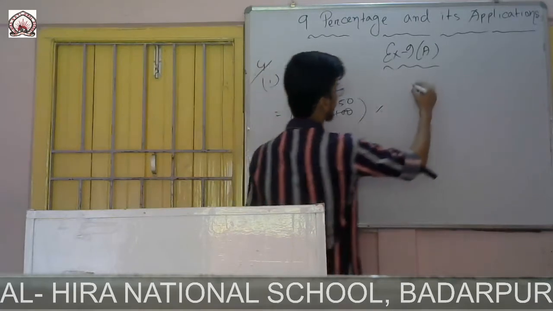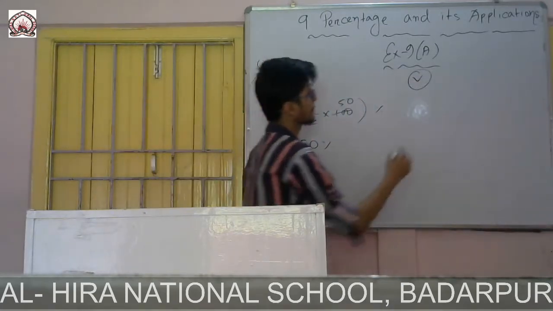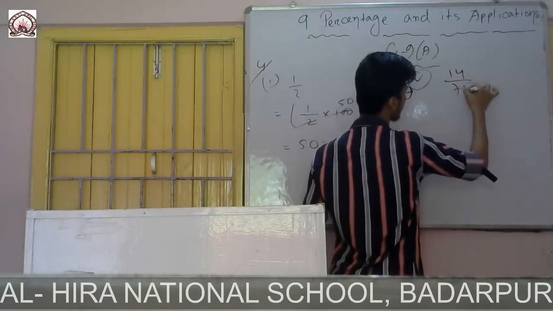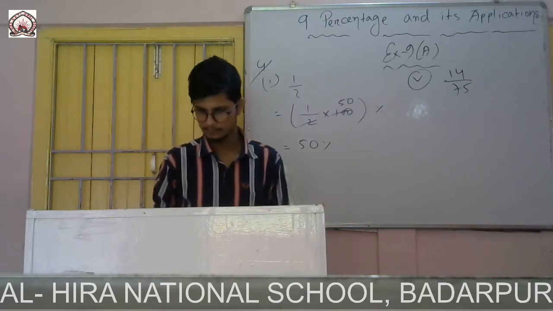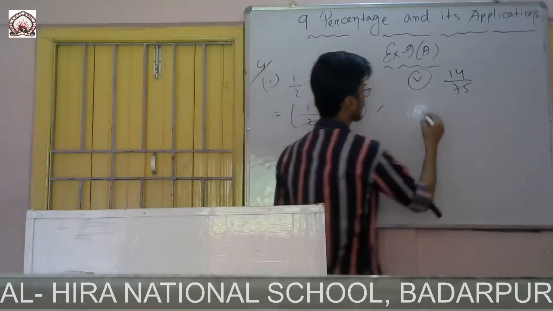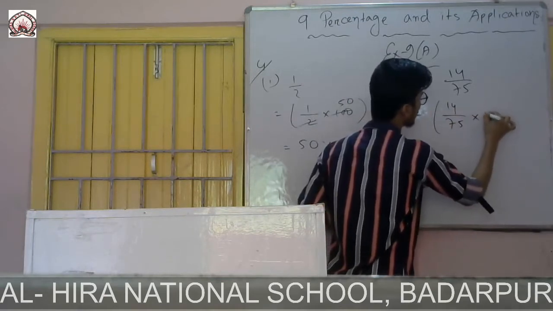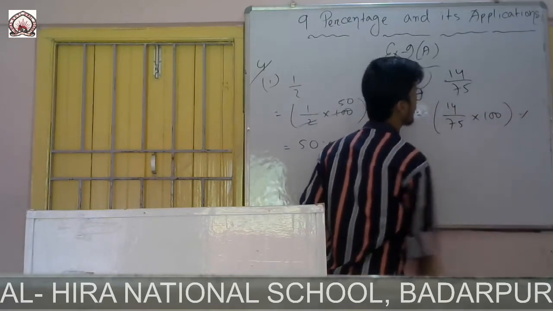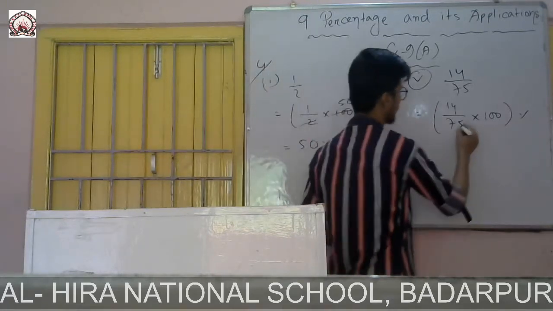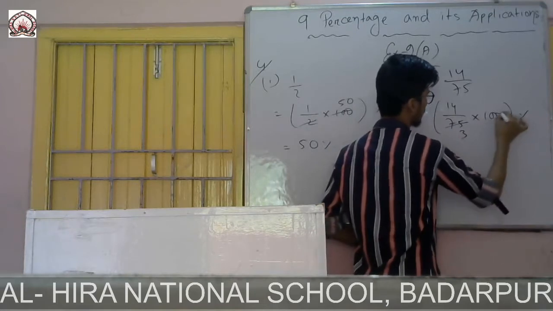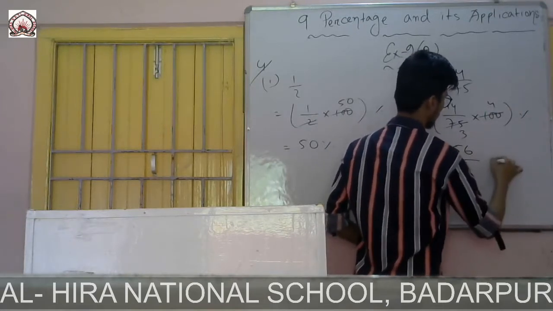Now Roman number 5, you see 14 by 75. To convert it into percent, I will multiply it by 100 and then put the percentage sign. 3s are 4s are 14, 4s are 56, and there it is 3.